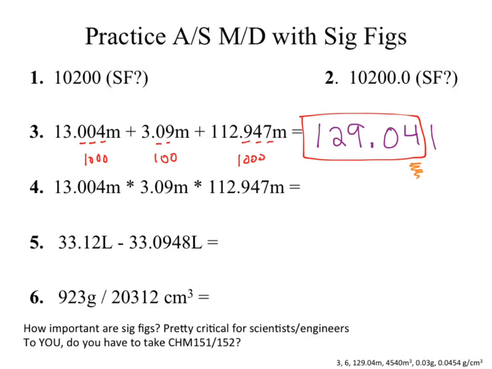This is kind of interesting. How many sig figs in our answer? 5. How many sig figs did we start with? 3. Wait, what? We got more sig figs than we started with. Can we do that? In addition and subtraction, we can. And in fact, we will often find that we lose significant digits as well.